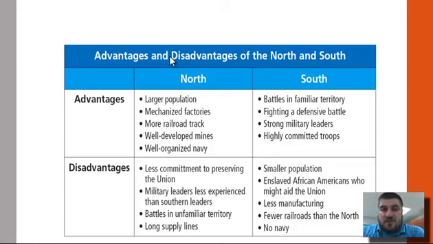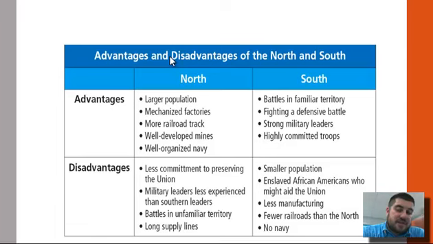But their advantages are we are battling the Civil War in the South for the most part. They're fighting a defensive battle where all they have to do is hold out. Most of the strong military leaders go to the South. Robert E. Lee was a general in the Army, but then he said he needs to go with his home state, Virginia, and they secede, so he goes and becomes a general for the Confederacy.